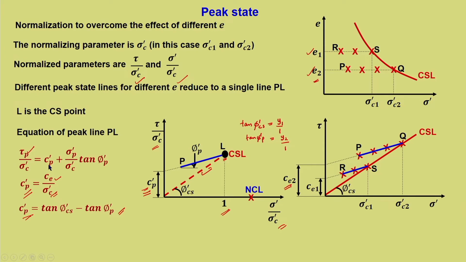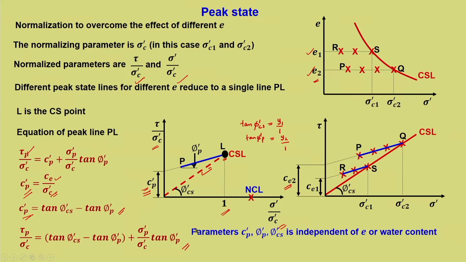So, substituting this in this particular equation, we can write tau p upon sigma dash C is equal to tan phi dash Cs minus tan phi dash P plus the same sigma dash P upon sigma dash C tan phi dash P. So, now the parameters C dash P, that is the normalized parameter, phi dash P, phi dash Cs is independent of E or W, which is the initial condition, because now we have normalized it, and hence the effect of E1, E2, or it can be told in terms of water content for a saturated sample, the effect goes away.